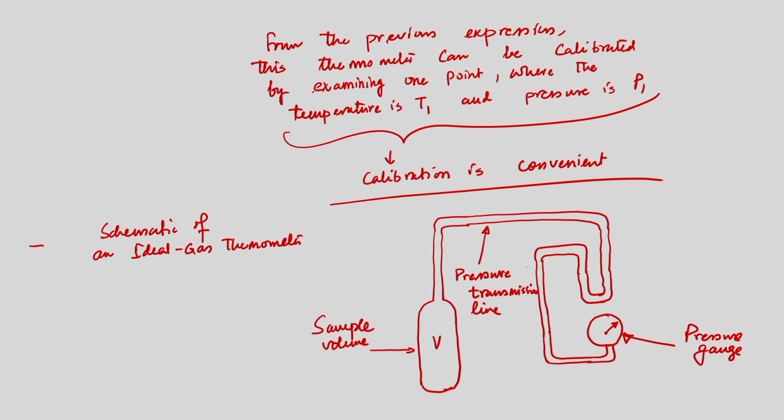Now, we will explain how we can measure temperature. What we can see from the schematic is that the sample volume is placed in one location where temperature will be measured.